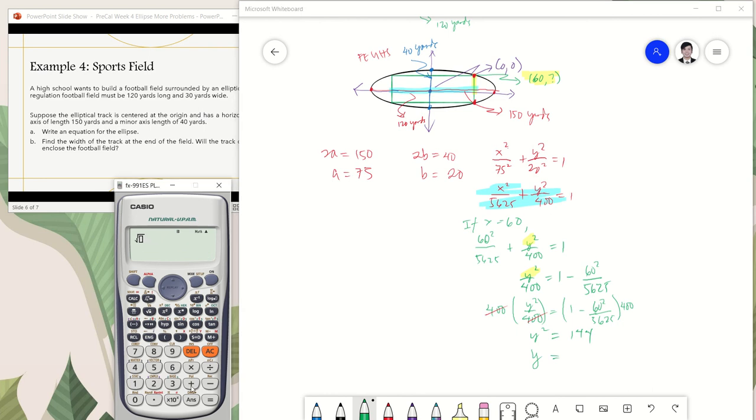Square root ng ating 144 is 12. So, ayun. Ito yung width natin from here to here. But take note, meron pang sa baba para makumpleto natin yung width ng ating field. So, we still have to multiply it with a 2.